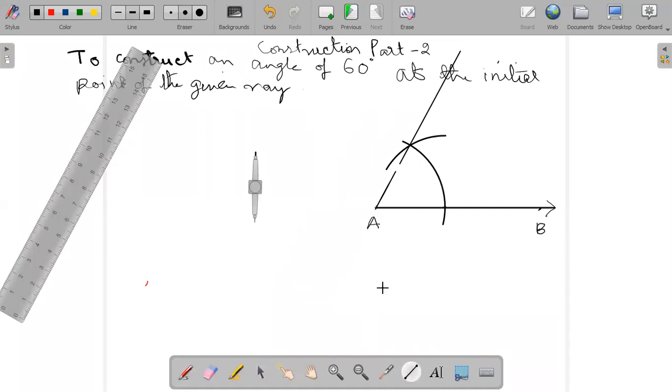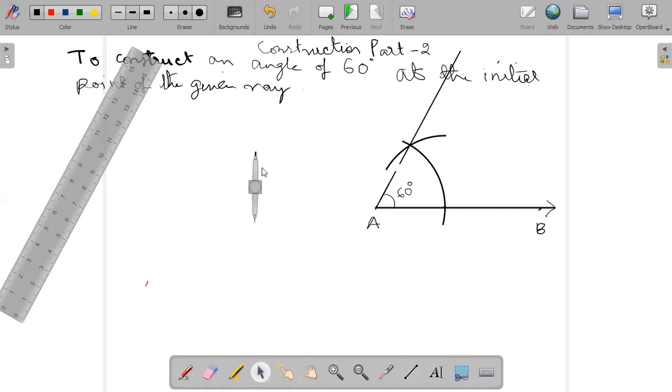This line is always making an angle of 60 degrees. Which angle? This angle is always 60 degrees. Whether you take any radius, this will be 60 degrees. Now I will show you with another radius.